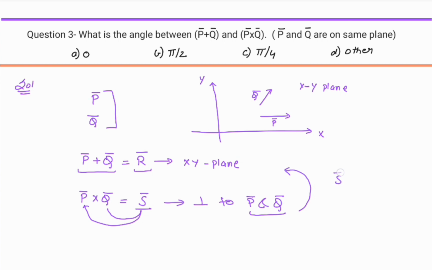It means the angle between S and R is going to be 90 degrees, because the resultant of the cross product of two vectors is always perpendicular to the given vectors. It means B part is the right answer. Okay, now move to the next question.